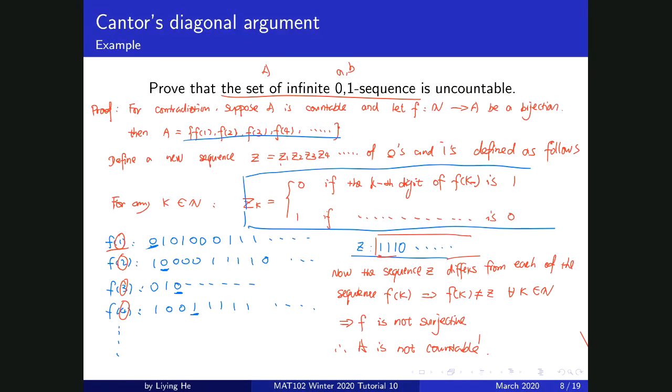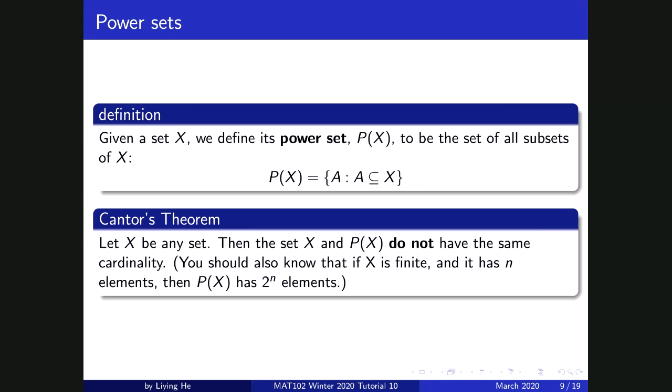Next. So I want to talk about power sets. First of all, definition: the power set of a set X, denoted by P of X, is the set of all subsets of X. And Cantor's theorem is quite important as well.